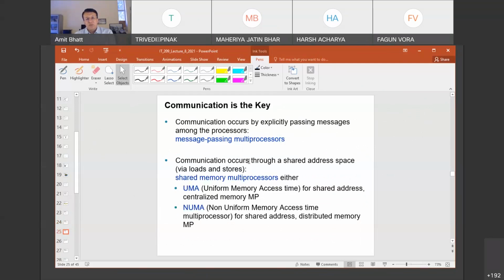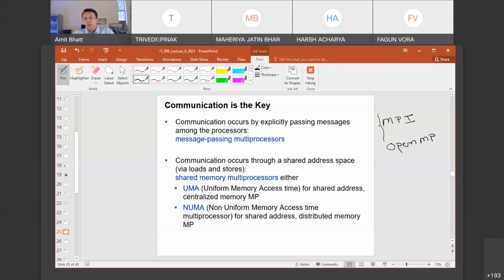Communication is about how you pass a message. You can communicate either through message passing between multiprocessors, and this is an old approach. Look into something called MPI, message passing interface. So what I do in my Beowulf cluster is I use two protocols, MPI and OpenMP. They are nothing but protocols.